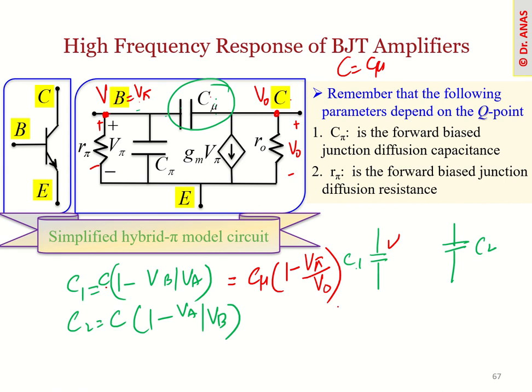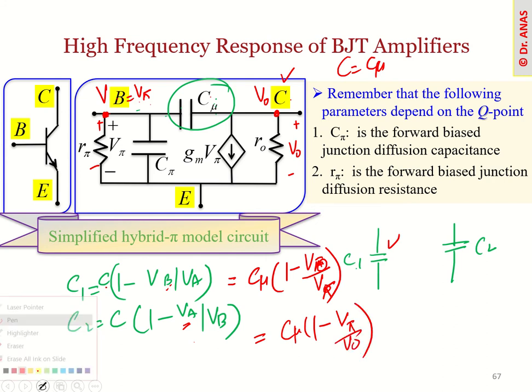Similarly, we can write C2 as C mu times 1 minus VA over VB, where port A is V pi and port 2 is V out, so it will be V pi over V out here.